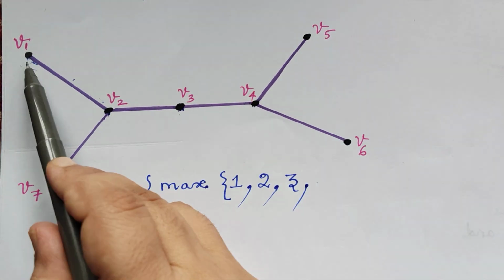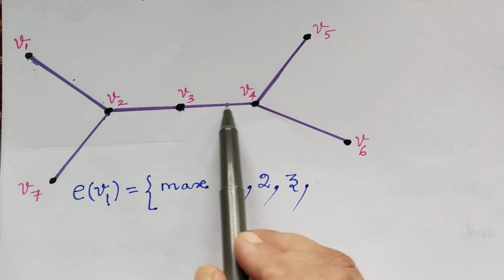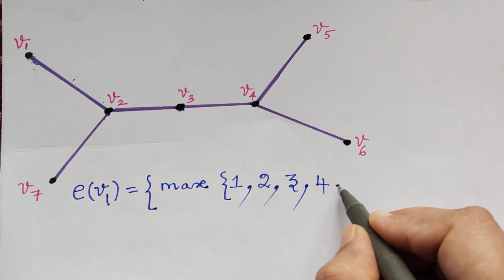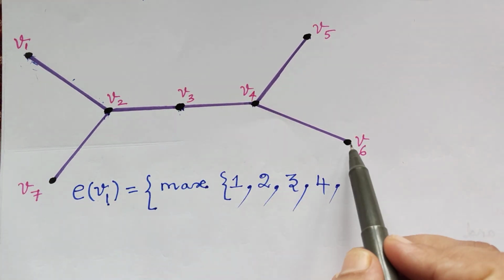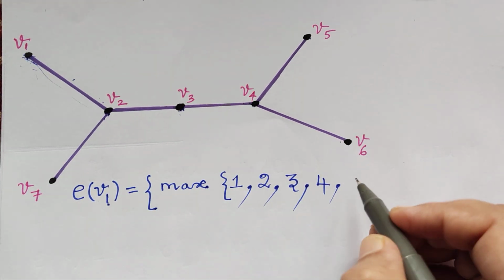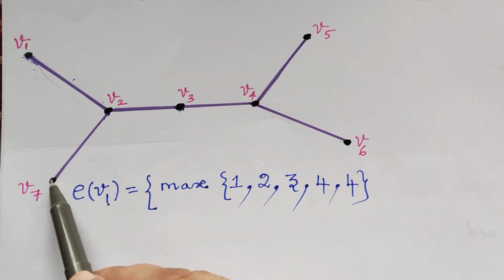The next vertex is V5. From V1 to V5 the path has 1, 2, 3, 4, four edges. And from V1 to V6, it is 1, 2, 3, 4, so four edges. And then we have V7, the last vertex of this graph.